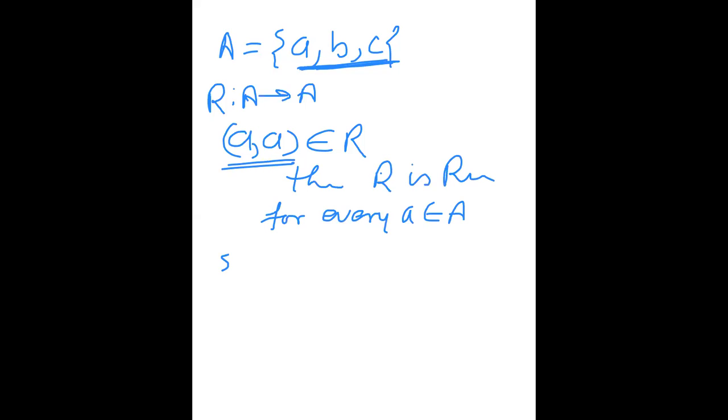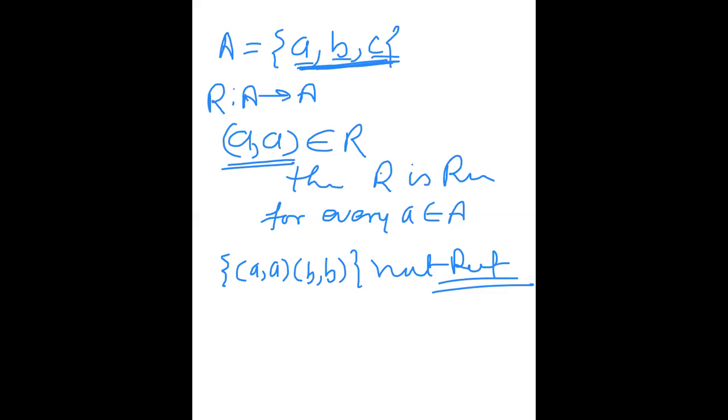If in case only (a, a) is belonging to the relation and (b, b) is belonging to the relation, then it is not reflexive. Every element (a, a), (b, b), (c, c) must be there in the relation. Then only the relation is said to be reflexive.